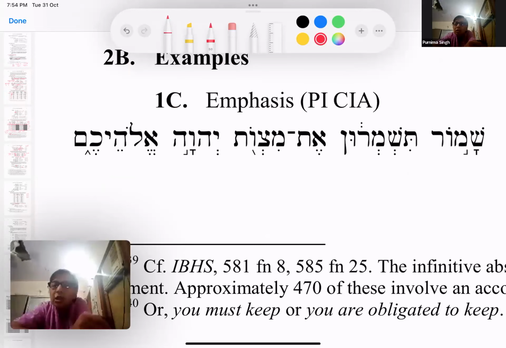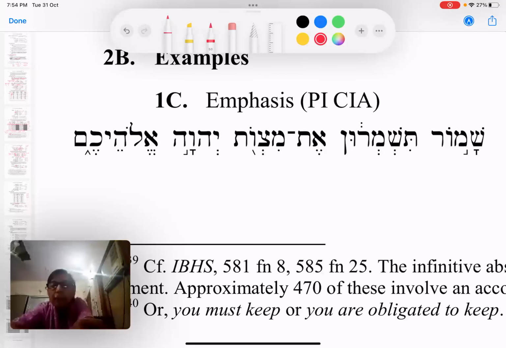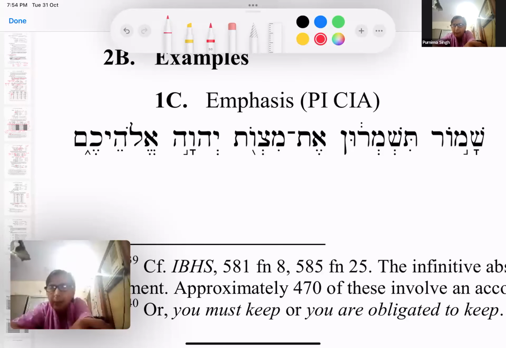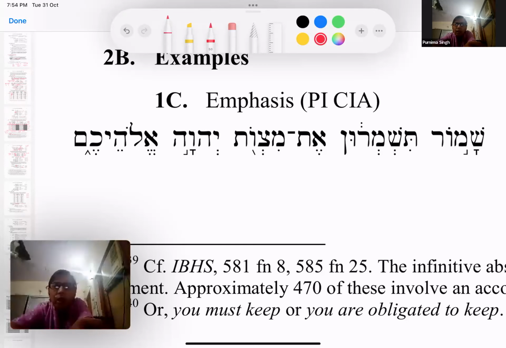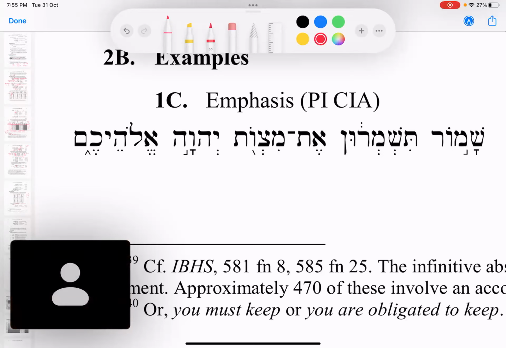Shamor, tishmerun, et mitzvot Yahweh Elohechem. Shamor tishmerun et mitzvot Yahweh Elohechem.